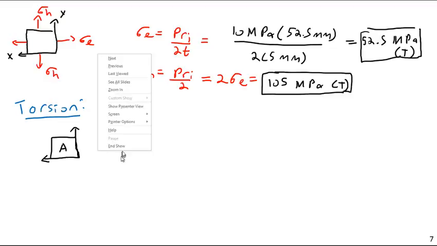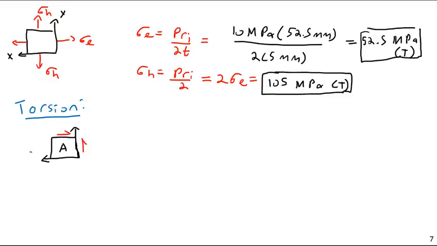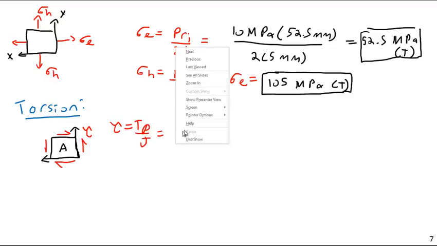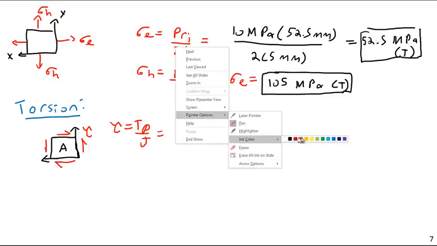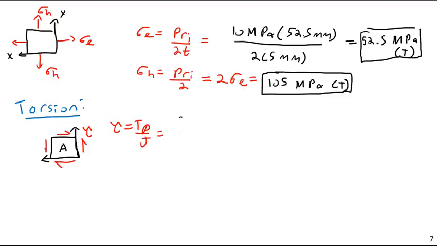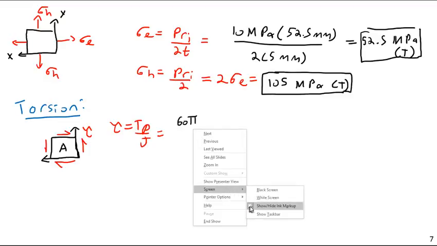So we're going to have a torsional loading here, and just a tau. And this is going to be a fun equation: T rho over J, which is equal to 600 pi, oh, that's 600 pi, not 60 pi.